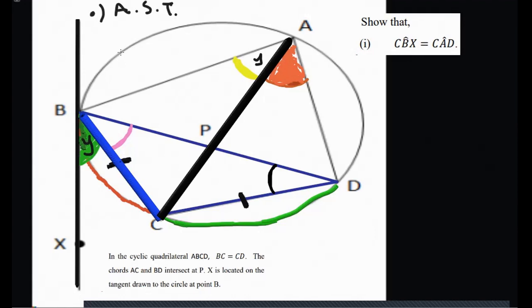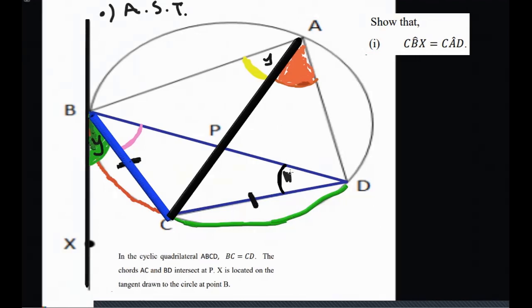Right. What's the next thing? The next thing we can say is this yellow angle and this black color angle have been subtended by the same arc. Which arc has subtended this yellow angle here and the black angle?